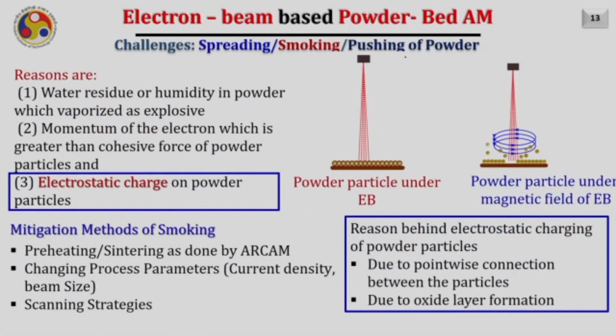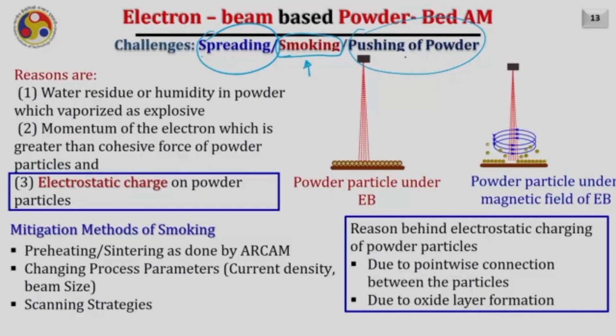Now let us discuss the challenge corresponding to smoking. It is also popularly called spreading or pushing of powder, but smoking is the more popular term. There are three reasons for it. One is that the powder particles themselves may have some water residue or humidity in them.